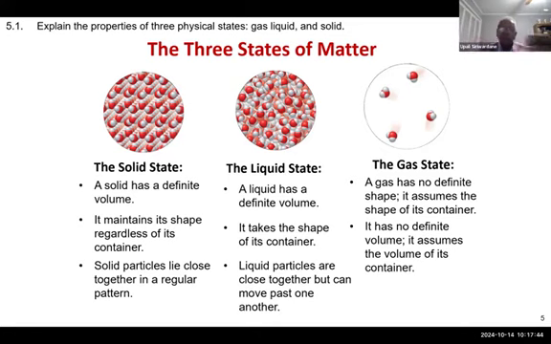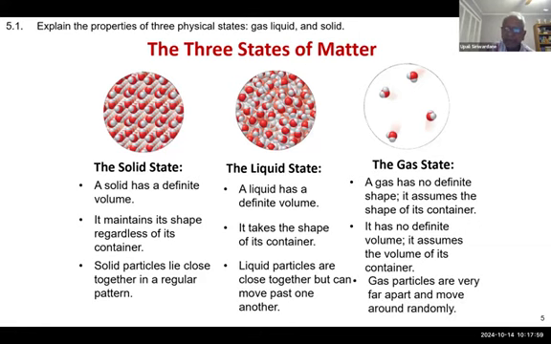Therefore, they can roll over. Therefore, liquids have flow properties. Liquid can flow from one place to another. Gaseous state is different. Its particles are far apart and they randomly move in space.